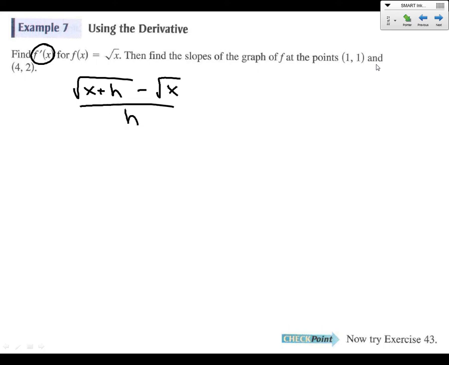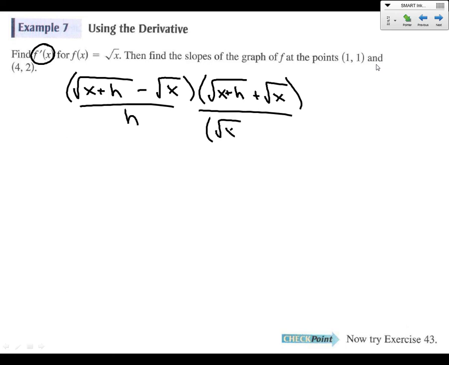And let's use our old friend the conjugate here. And so we're going to end up with x plus h minus x all over h times square root of x plus h plus square root of x.